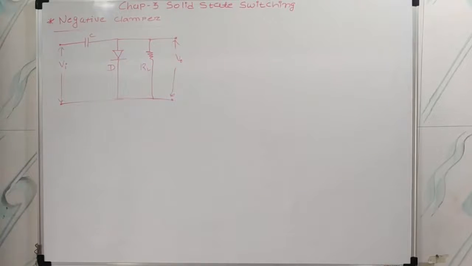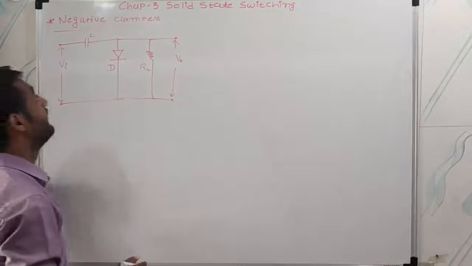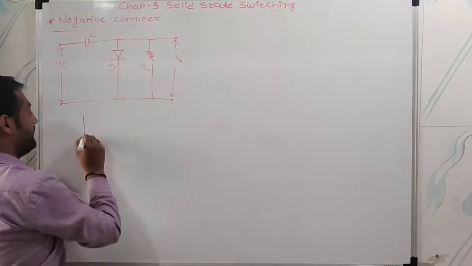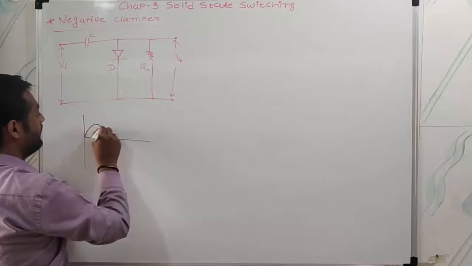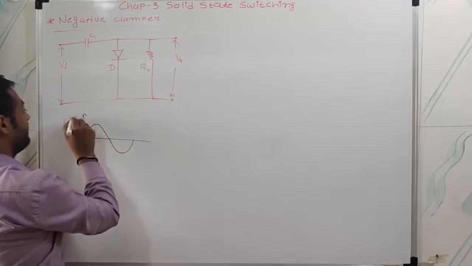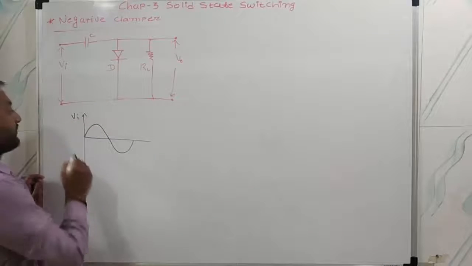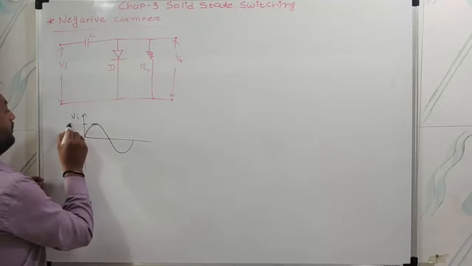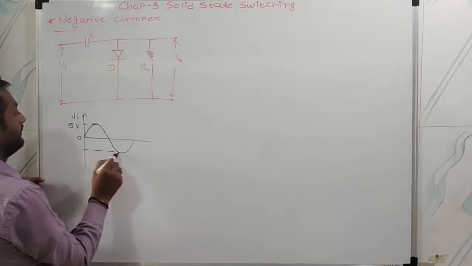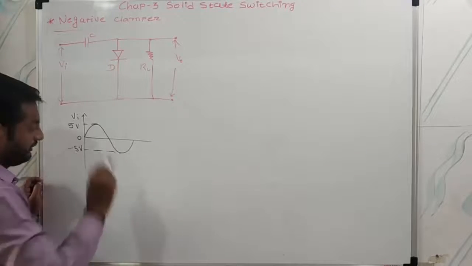Okay. Now in the negative clamper circuit we are going to give input like this. This is VI, 0, 5, minus 5 volt.